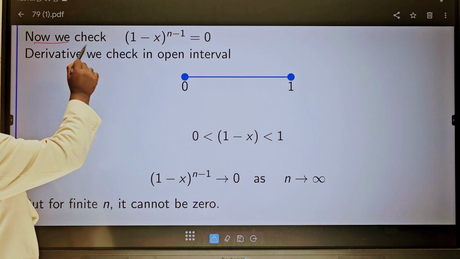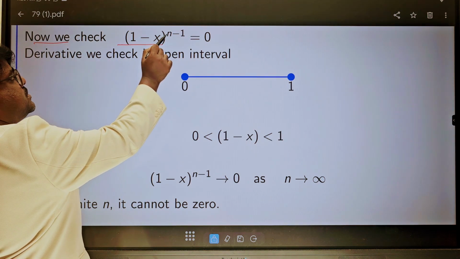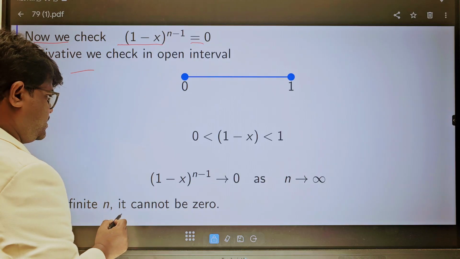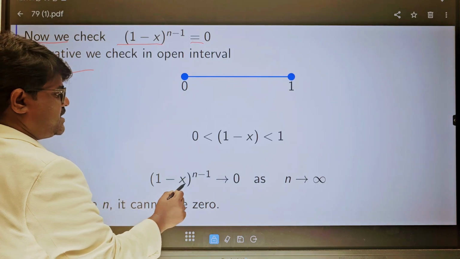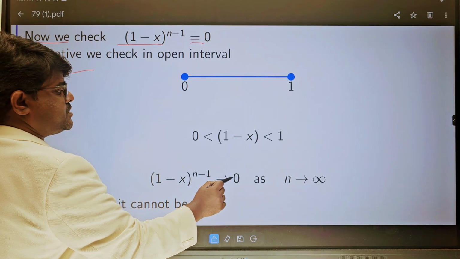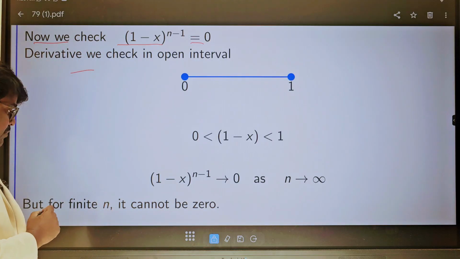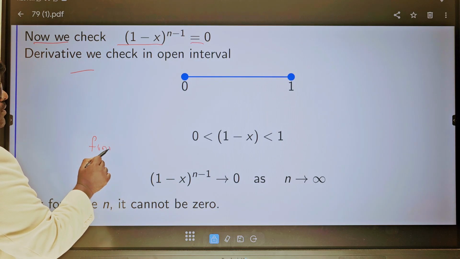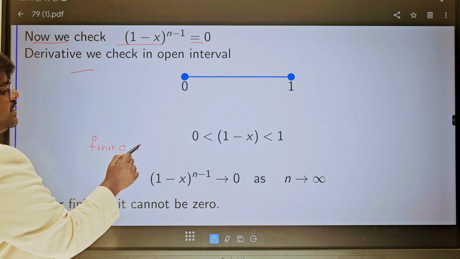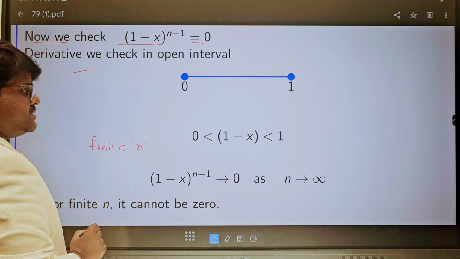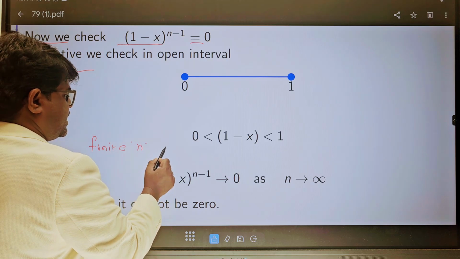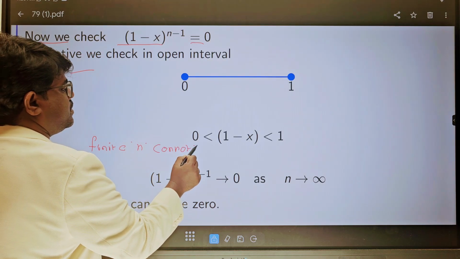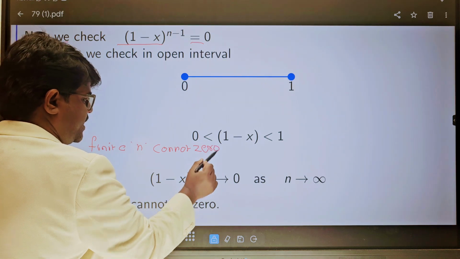Now we check 1 minus x to the power of n minus 1 equal to 0. But 1 minus x to the power of n minus 1 tends to 0 as n tends to infinity, but for a finite n, it cannot be 0.